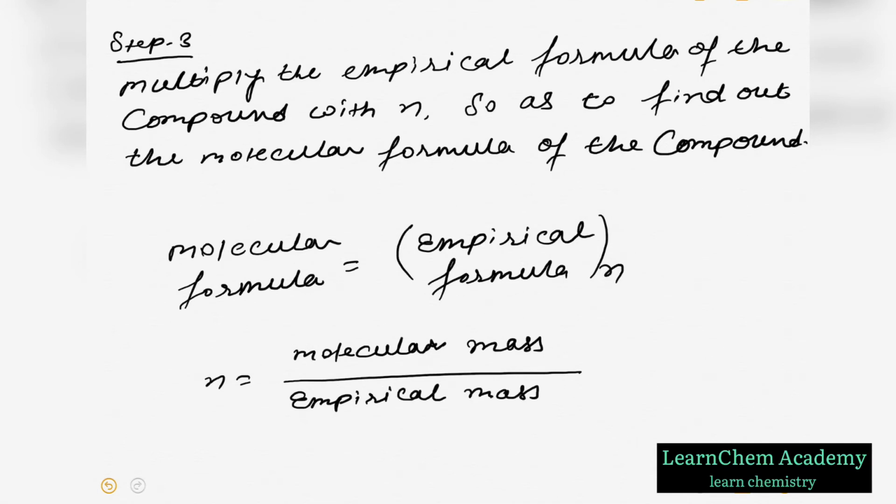In simple words, n is the number of times the molecular formula is heavier than the empirical formula. We can say n times the empirical formula is equal to the molecular formula, or molecular mass. Okay.